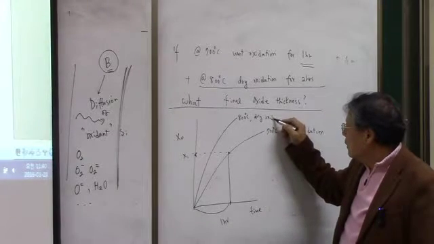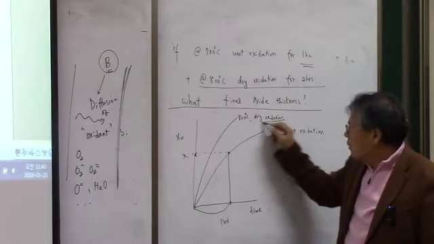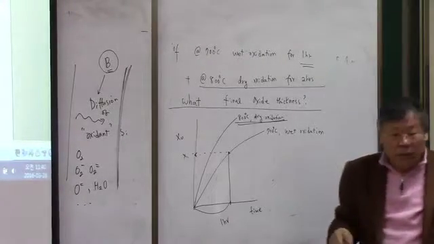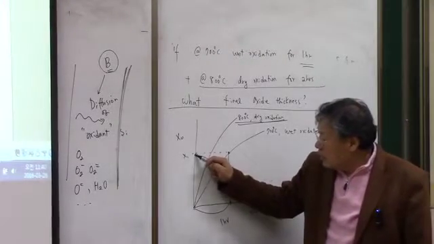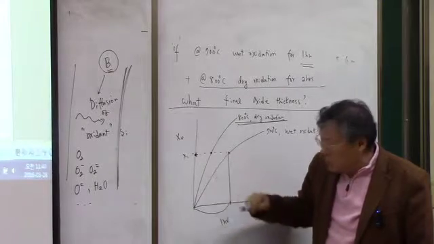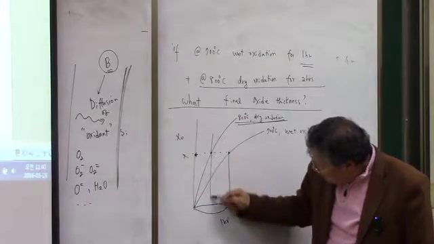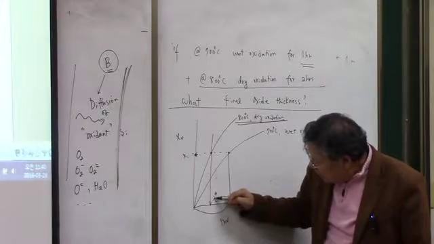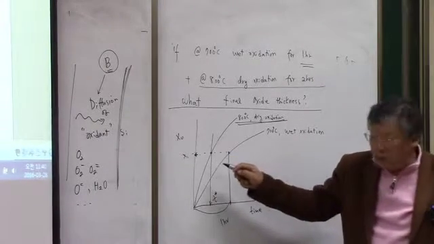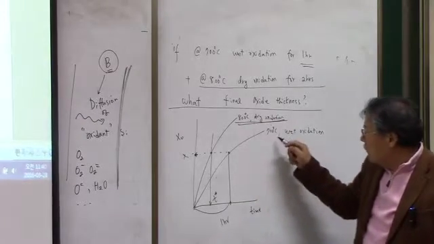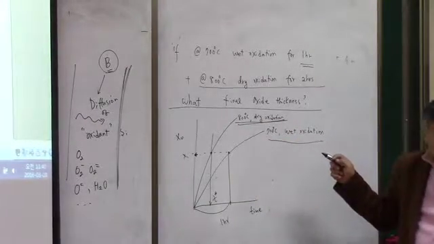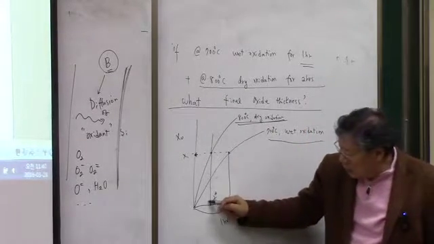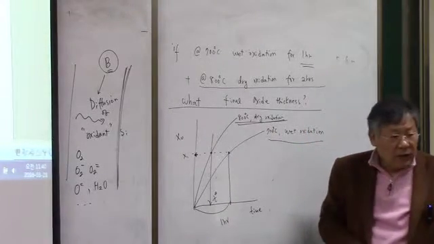So with this process, how much time you have to spend to get this thickness, and that is this point, and then you find out the time necessary for that thickness that you have got by this process, and that is going to be the T star, okay?